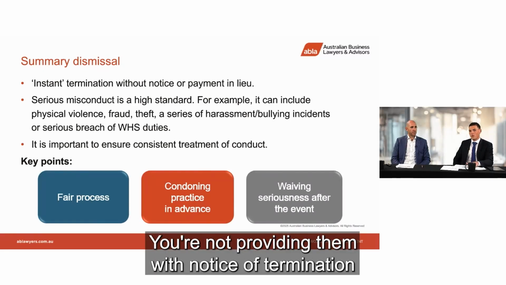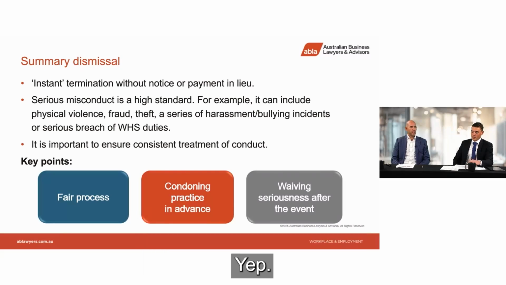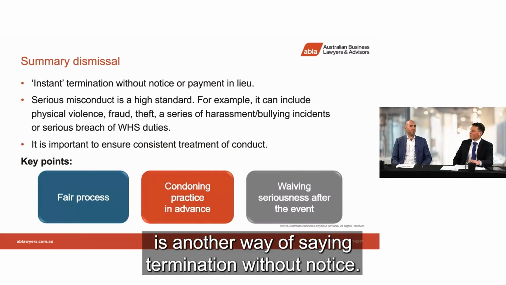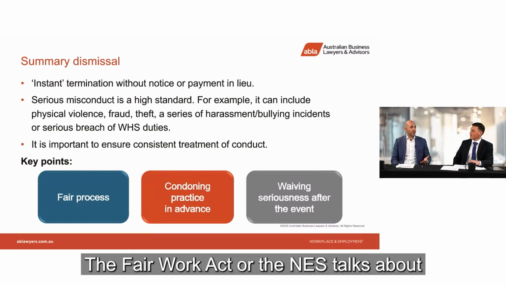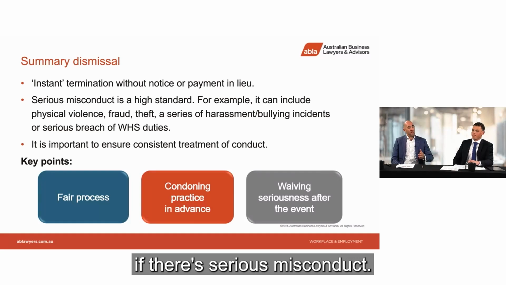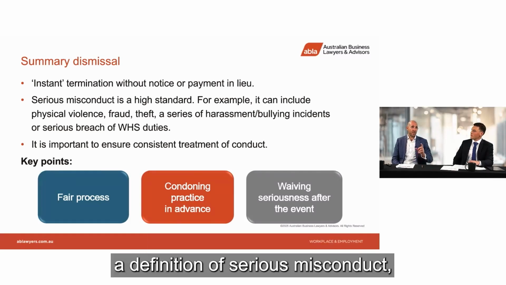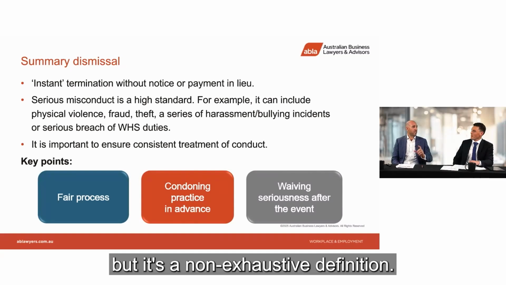You're not providing them with notice of termination and you're not paying them in lieu of that notice. Yep. So summary dismissal is another way of saying termination without notice. The Fair Work Act or the NES talks about your right to not have to pay notice if there's serious misconduct. The Fair Work regulations provide a definition of serious misconduct, but it's a non-exhaustive definition.